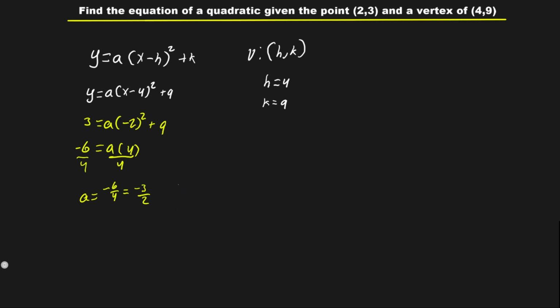Basically, we have to plug in a so we get our full equation, which is going to be y is equal to negative 3 divided by 2 times x minus 4 squared plus 9. And we can go ahead and verify our point. So we're going to have y is equal to negative 3 over 2 times 2 minus 4, which is negative 2, squared, which we know is 4, plus 9.